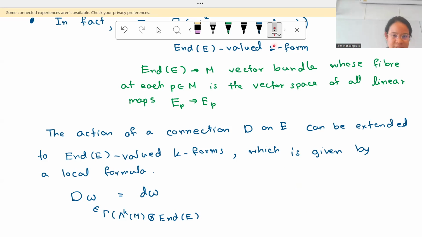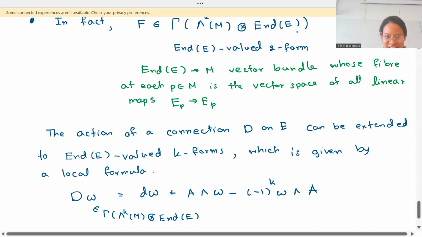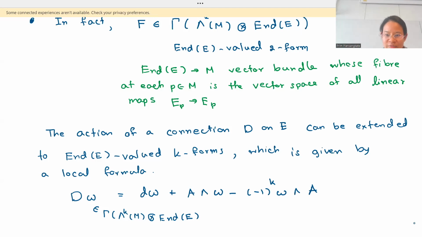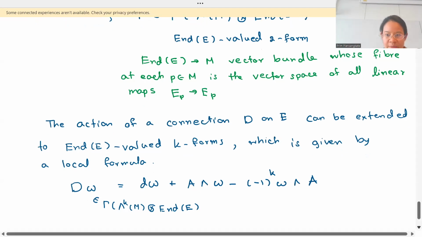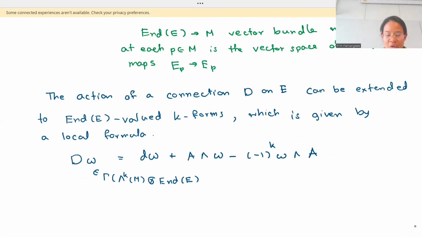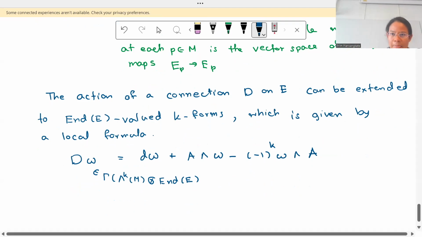Right. Yes. And this is our connection one form, the same one. Okay. I'm actually kind of hurried to give this formula. I just want this formula because I want to state this theorem, which is important on curvature and will be important for our anti-self-dual Yang-Mills equation as well. That is this theorem here.